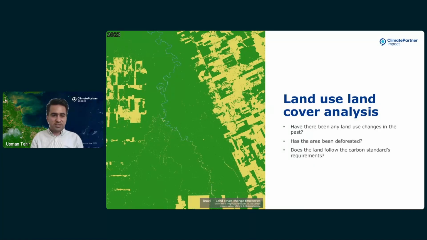Here we can see that the roads were built in the whole project area, which gives us an indication that these roads were built for timber harvesting or extraction of wood. So this also gives us an early indication that if there are some roads being built, that can indicate that in the future there might be some potential deforestation in the area.